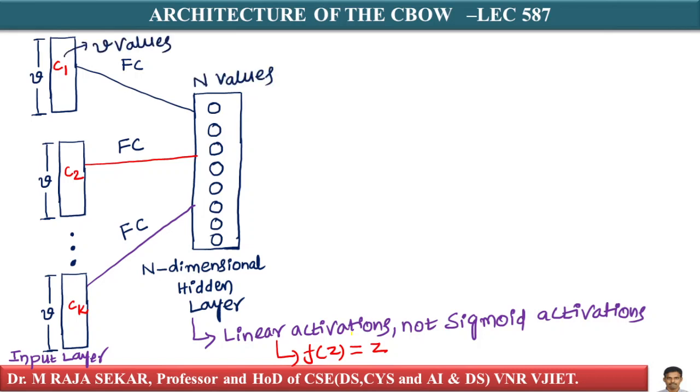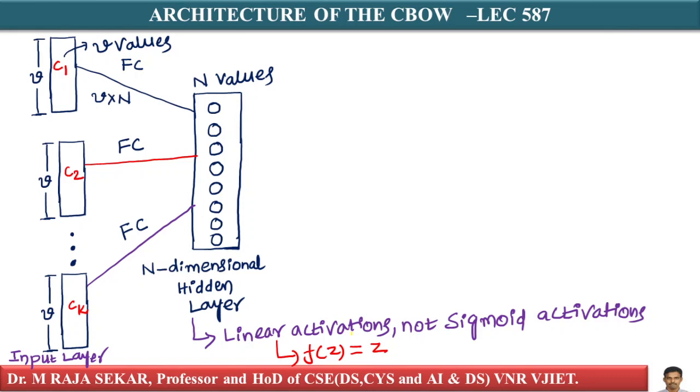There are v values in C1, that is context word 1, whose binary representation we have. How many values in the hidden layer? I have n values in the hidden layer. So the total is v cross n. There are v cross n weights.